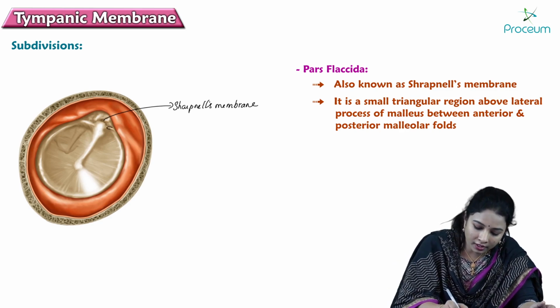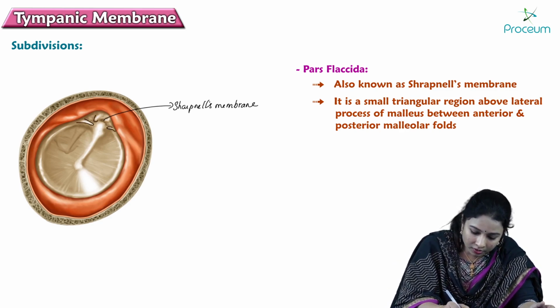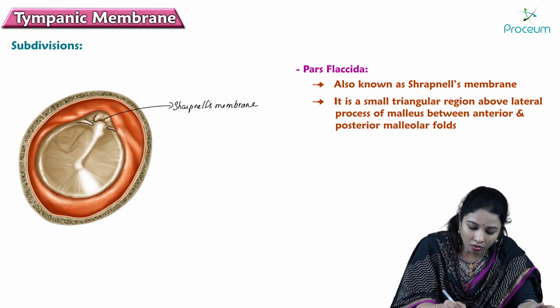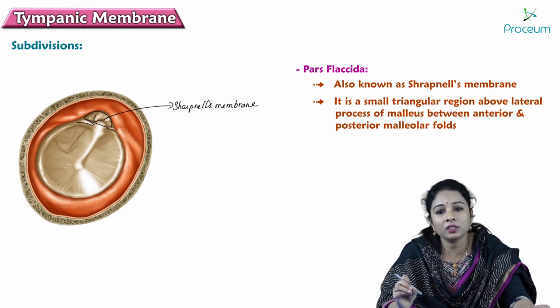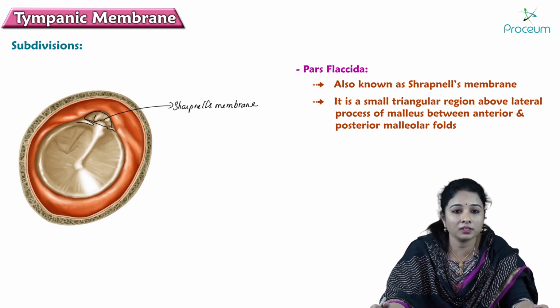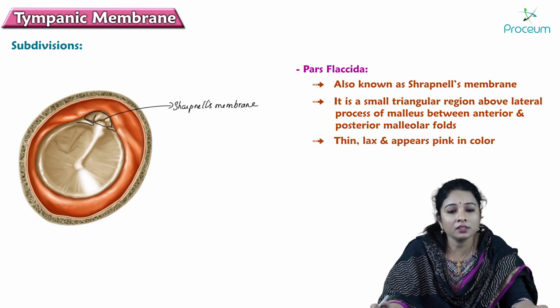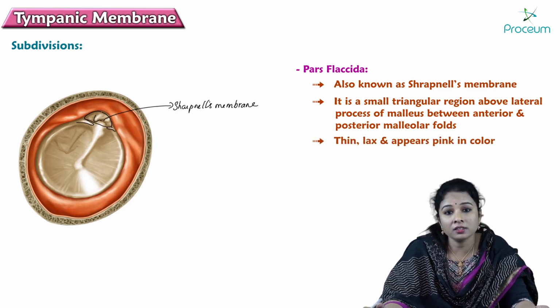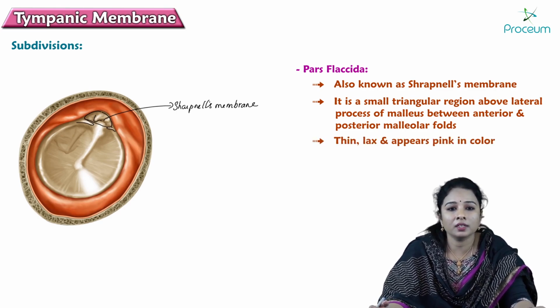So here is the anterior malleolar fold, posterior malleolar fold and lateral process of the malleus. Altogether this area is called the pars flaccida. It is a little bit loose, so it is flaccid. That is the reason it is called pars flaccida. And the part is thin and loose, so it is lax and it appears pink in color.